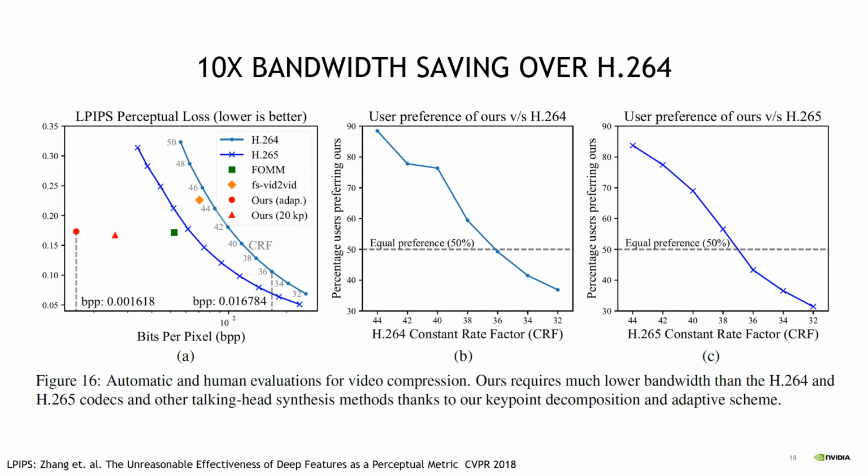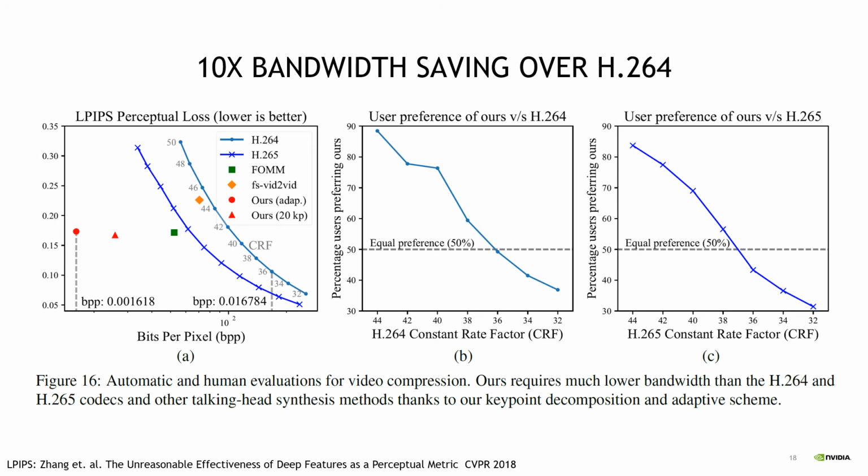There's a mechanism to determine when to send more key points and when to send fewer. So this one achieves slightly better compression rates compared to our default method. And as shown in this figure, we find that our method is significantly better than the baseline algorithms, the first order motion model and Face-vid2vid, and also much better than the codecs H264 and H265.